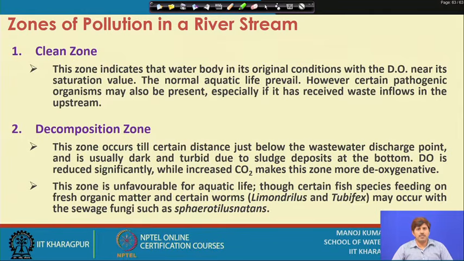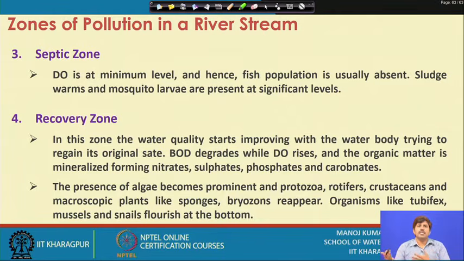DO is reduced significantly while CO2 increases, which makes this zone more of a deoxygenative zone. This zone is unfavorable for aquatic life, but certain fish species can still survive, as we discussed. Then it enters the septic zone, where DO is at its minimum level and the fish population is usually absent.